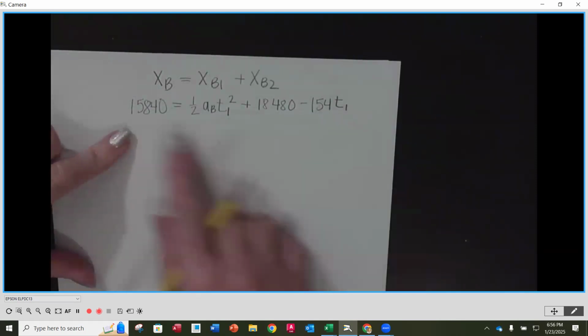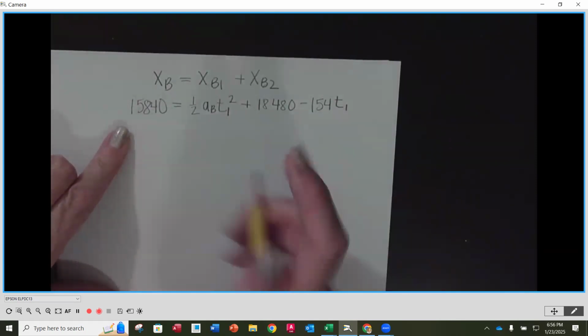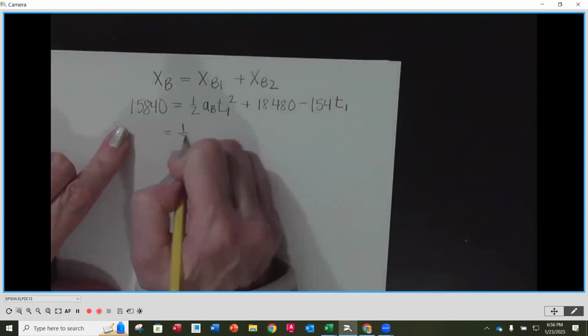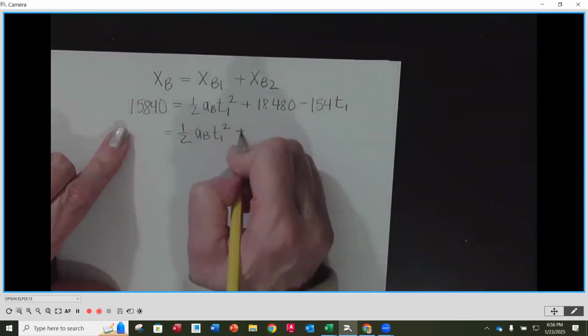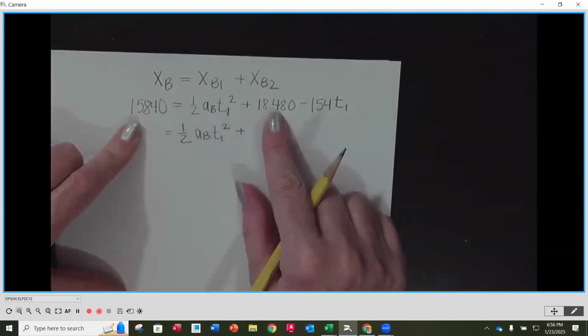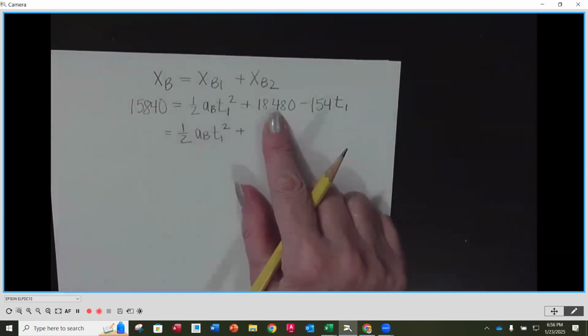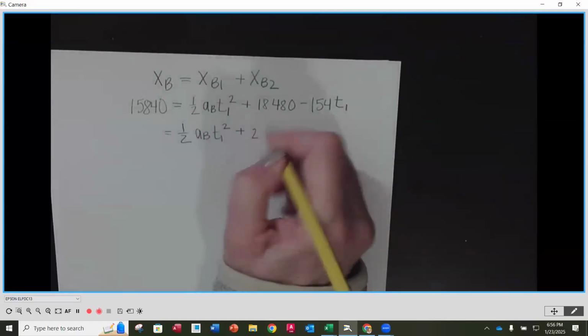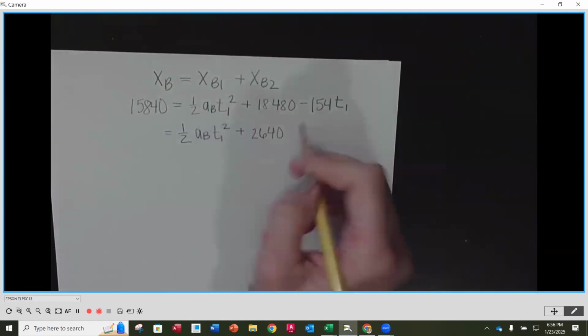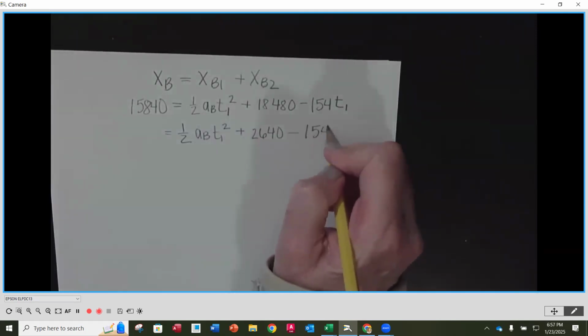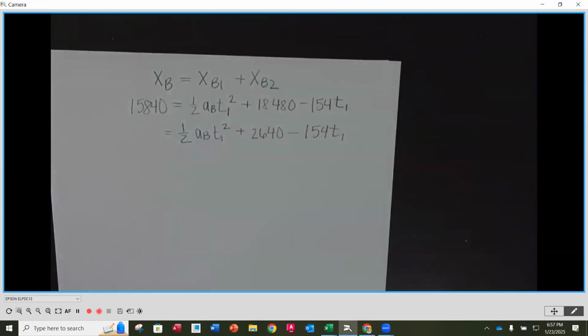So I'm going to move this to the other side. It's going to be equal to 1/2 AB T1 squared plus, I'm going to subtract that off, and that number should come out to be 2640. And then I'm going to have my minus 154 T1.